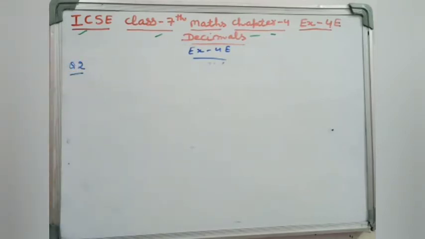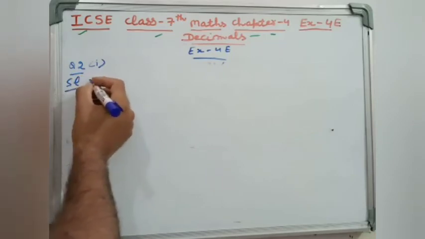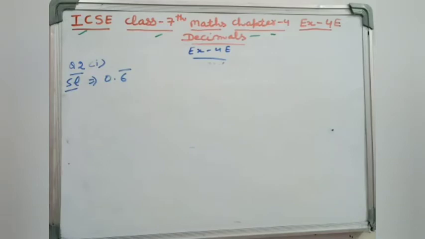The question is: convert each of the following into a vulgar fraction. First we did recurring decimals, now vulgar fractions. Suppose we want to convert the first part, 0.6 bar, into a vulgar fraction.